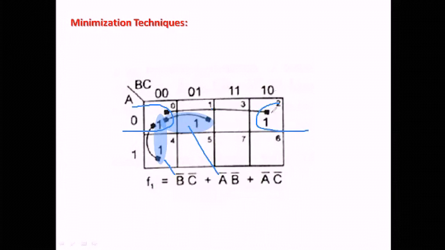But the value of B is changing. Here the value is 0, and here the value of B is 1. So the answer is A bar C bar. So we can see that this whole expression is being minimized. I hope this is clear to you. Next, let us go to the next slide.